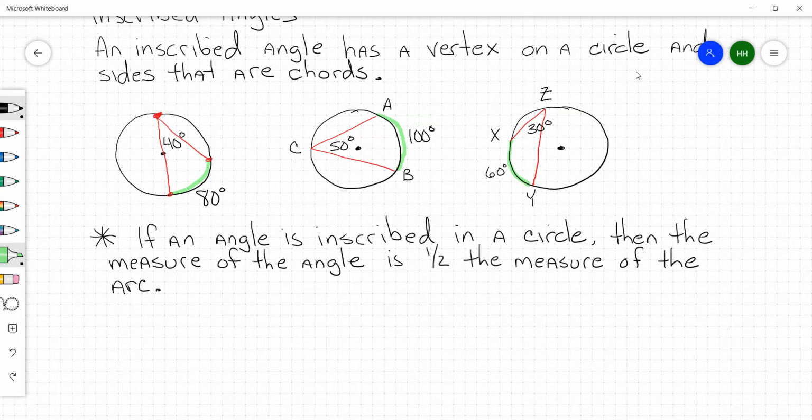But inscribed angles are half the measure of their intercepted arc. Everybody okay with that? Anybody got any questions on that? All right.